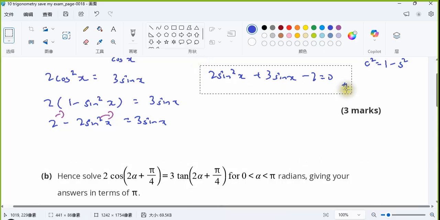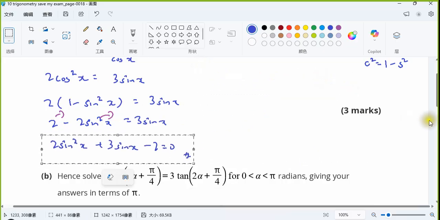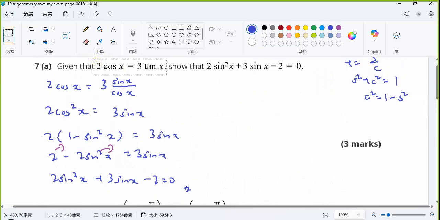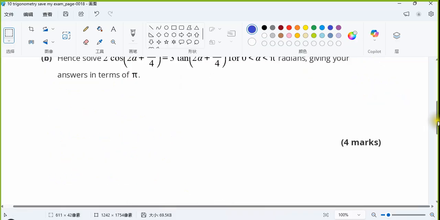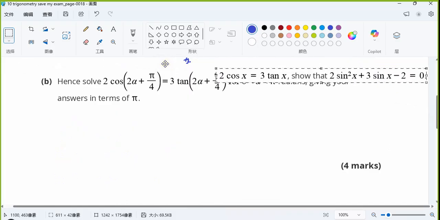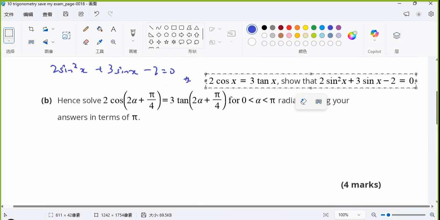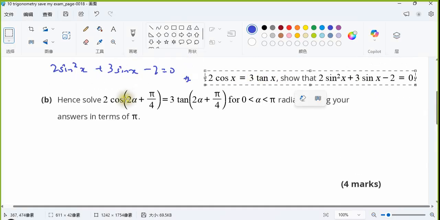Okay, so hence, we have 2 cos this one is equal to this. This is what we showed in the first part. So 2 cos, 3 tangent.